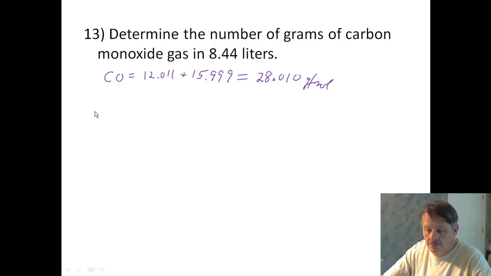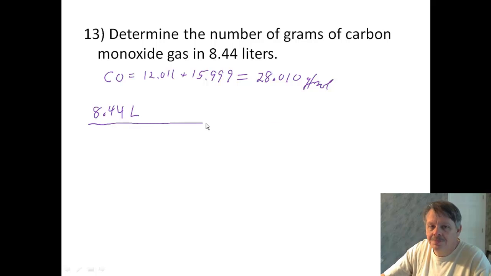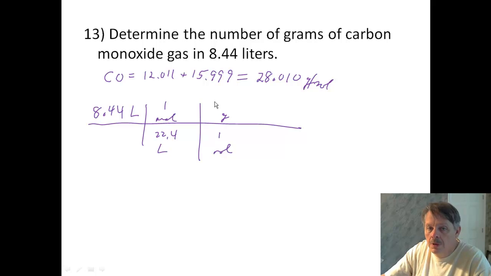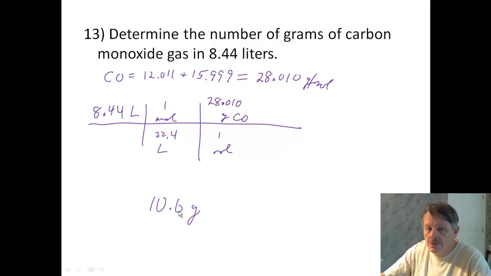So I start with 8.44 liters, and I convert liters to moles, and then I convert moles to grams. There are 22.4 liters in 1 mole, and 1 mole is the same as 28.010 grams of carbon monoxide. When I multiply this out, I get 10.6 grams of carbon monoxide, which is deadly.